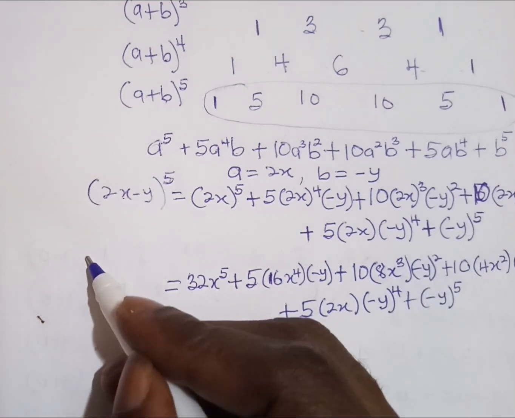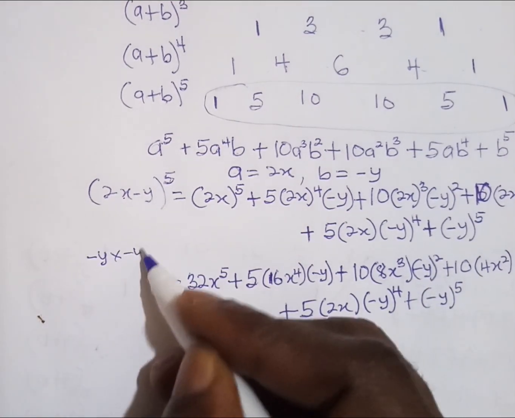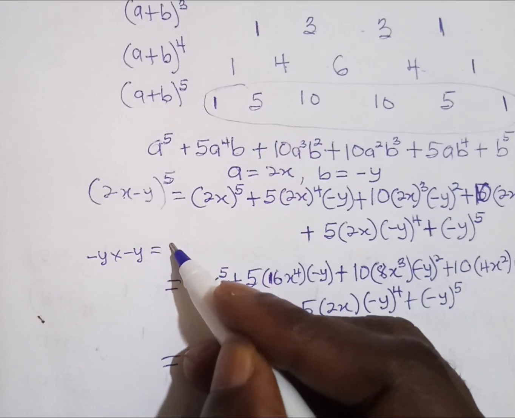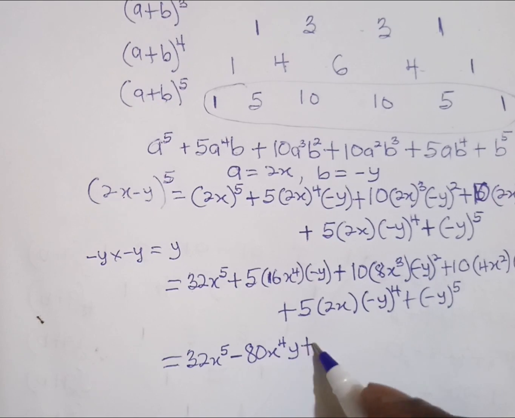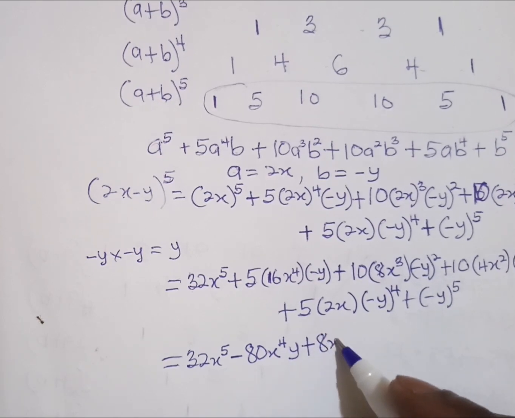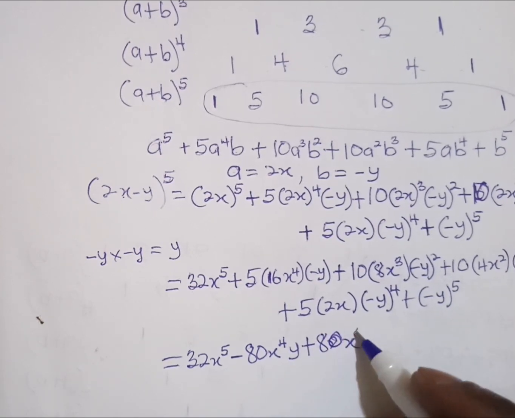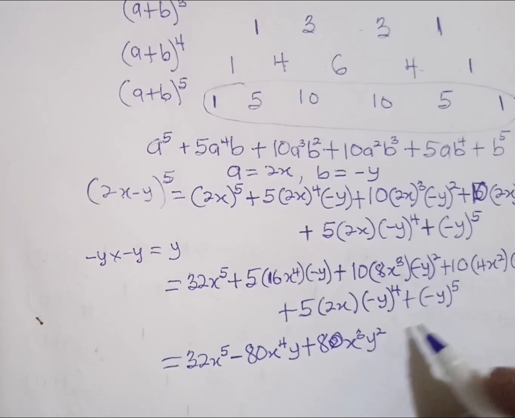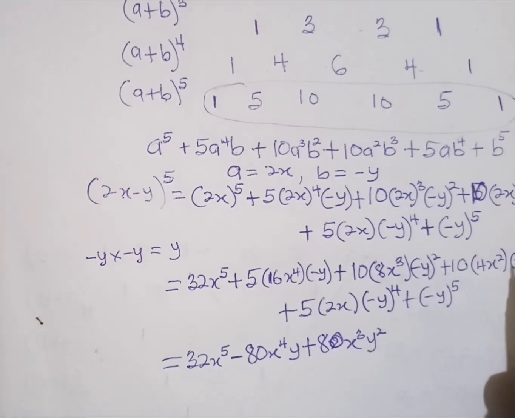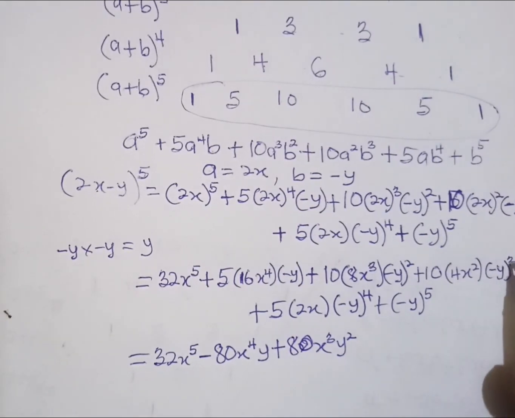Positive. So it is like negative y times negative y, which will give us what? Positive y. Good. So we write here as what? Plus 80x cubed y squared.